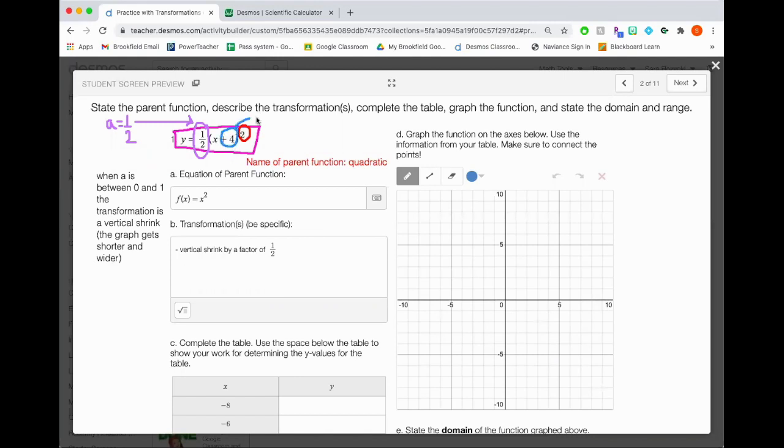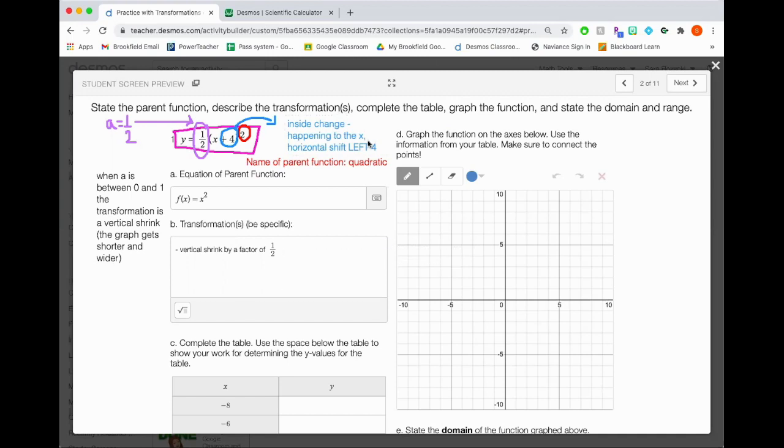Since this is an inside change happening to the x, it's going to be a horizontal shift. It's going to be to the left 4, because remember, it's opposite. So we're going to go left 4 units.